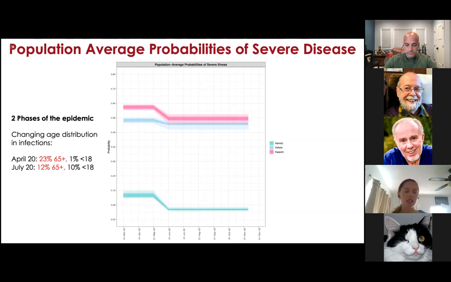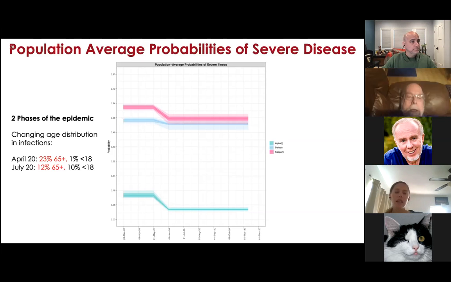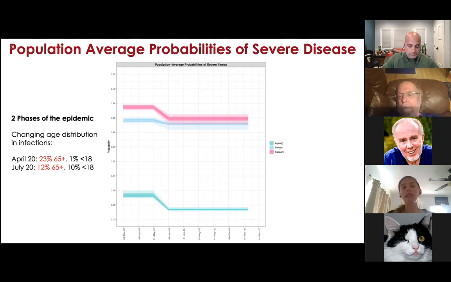I think the current infection rate is around 10 to 12% of individuals 65 and older, and 12% or so of individuals younger than 18. So this really changes who's getting infected, and their probability of hospitalization given infection. Now, once you get infected, the probability of doing well and not needing to advance to the ICU has decreased, and that could be due to treatment improvements.